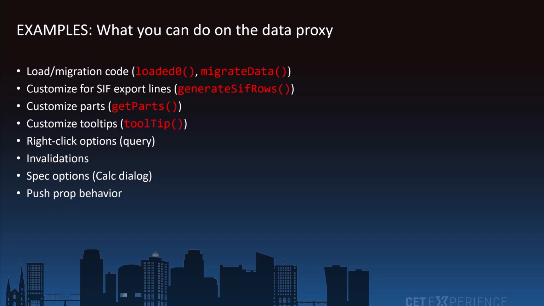And then push prop behavior: when I am propagating, I can customize that also, or how I react to scheme apply and stuff like that. This is not all of them, but these are the ones I have used frequently on data-heavy extensions that I work on. You can do a lot in the data proxy, and it's really nice to have that injection point so that you can affect everything, not just snapper classes.